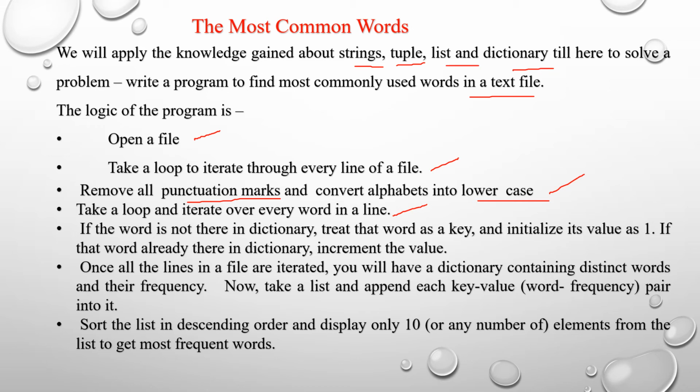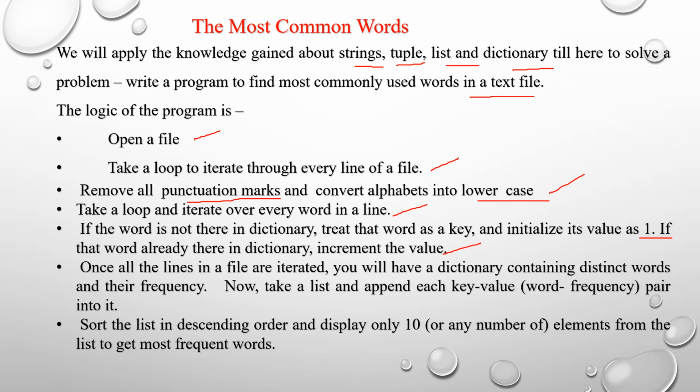If the word is not there in the dictionary, treat that word as a key and initialize its value as 1. If the word is already there in the dictionary, increment the value. Once all the lines in the file are iterated, you will have a dictionary containing distinct words and their frequencies.